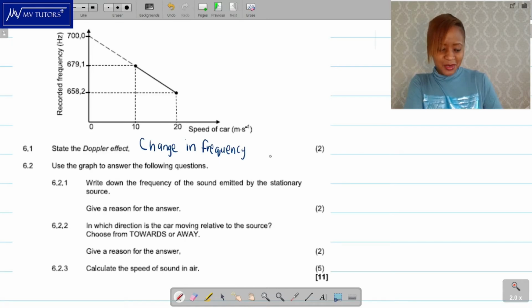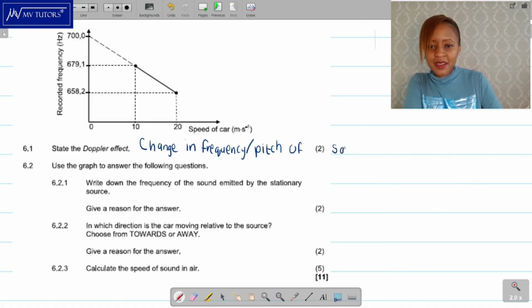I'm getting used to writing on this thing. We got this new thing called Wacom where you write there, so sorry for my horrendous handwriting. So it's a change in frequency or pitch of sound.